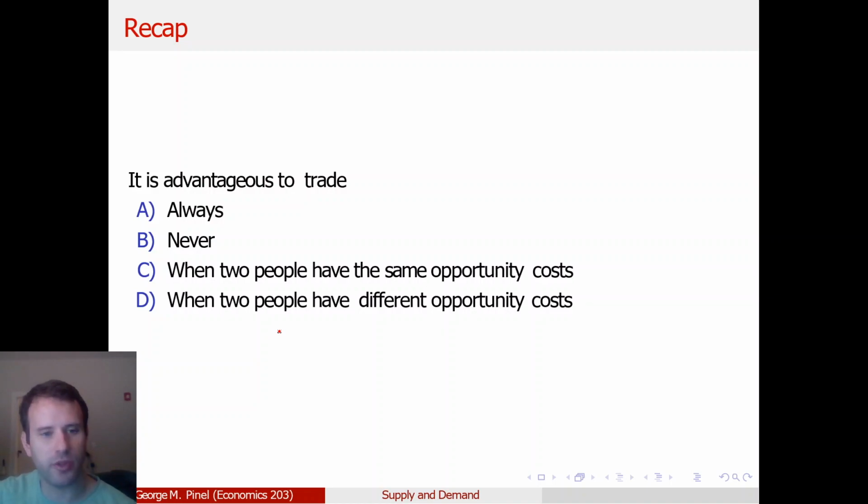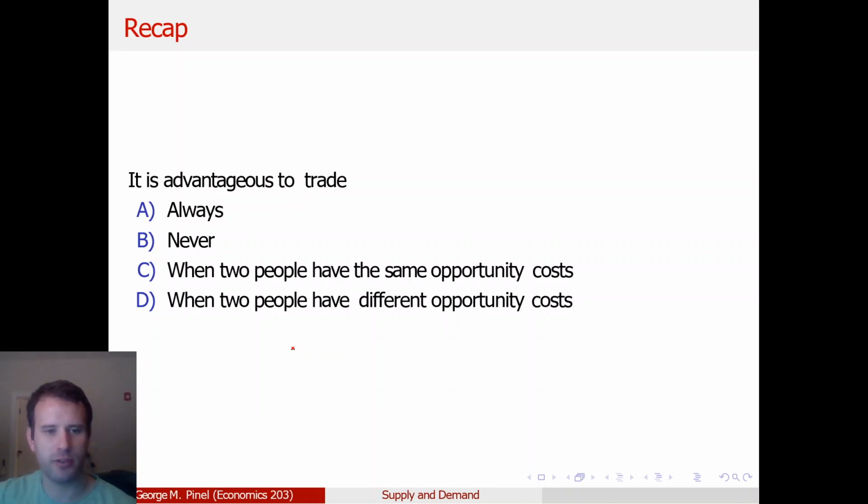By the law of comparative advantage, any price in between the two opportunity costs can be advantageous for both. Any price that is exactly one person's opportunity cost will be advantageous for the other person, but won't hurt the first person.